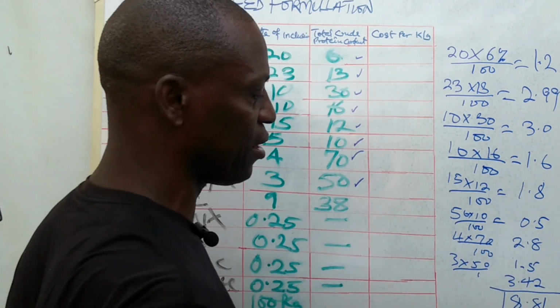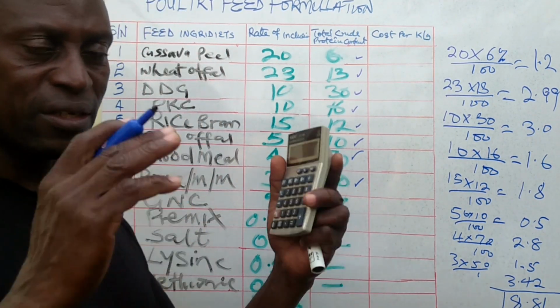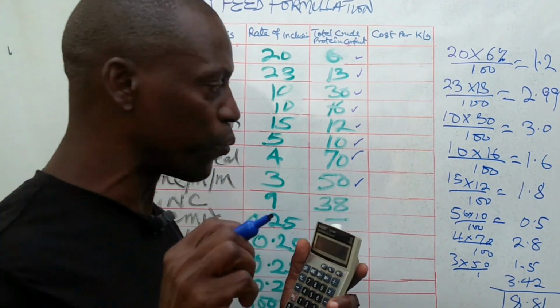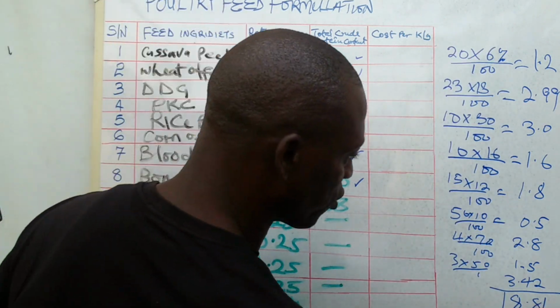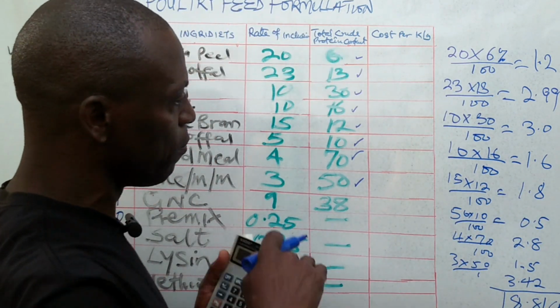You can see that this is under growers feed. Growers feed is between 16 to 17% crude protein. So this feed will give us a crude protein of 18%.